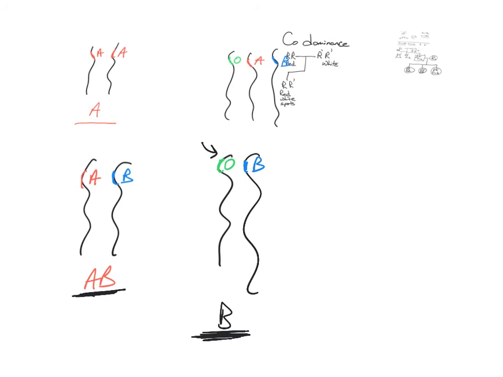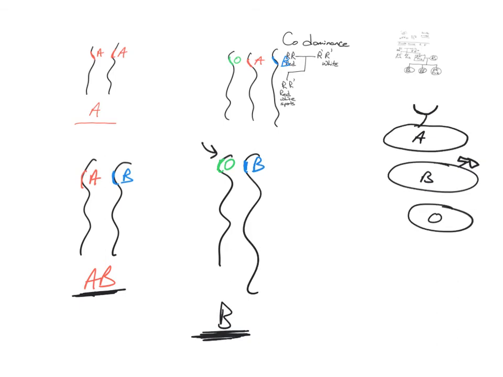For the record, the way blood type works is you have blood cells, and if you have an A blood type, you have this thing that might look like this on the cell surface. If you have a B blood type, you might have a protein that might look like this on the cell surface, okay? And there'll be a bunch of them. If you have an O blood type, you have nothing on the surface. There is no surface marker, no cell surface protein that your immune system will react to.